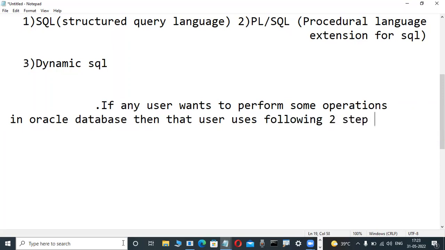Up to some stage, write it. Why? Because at first it is not technical. Then that user uses the following two-step process.